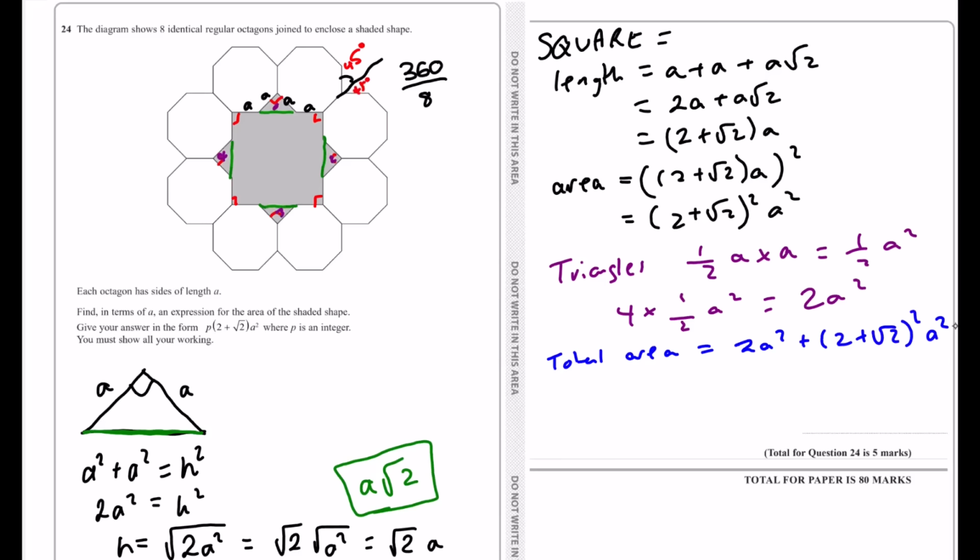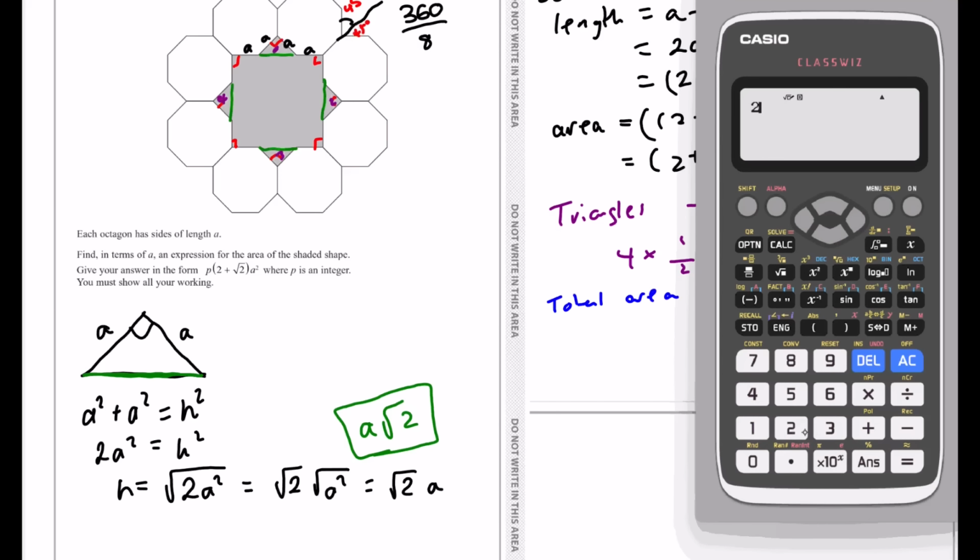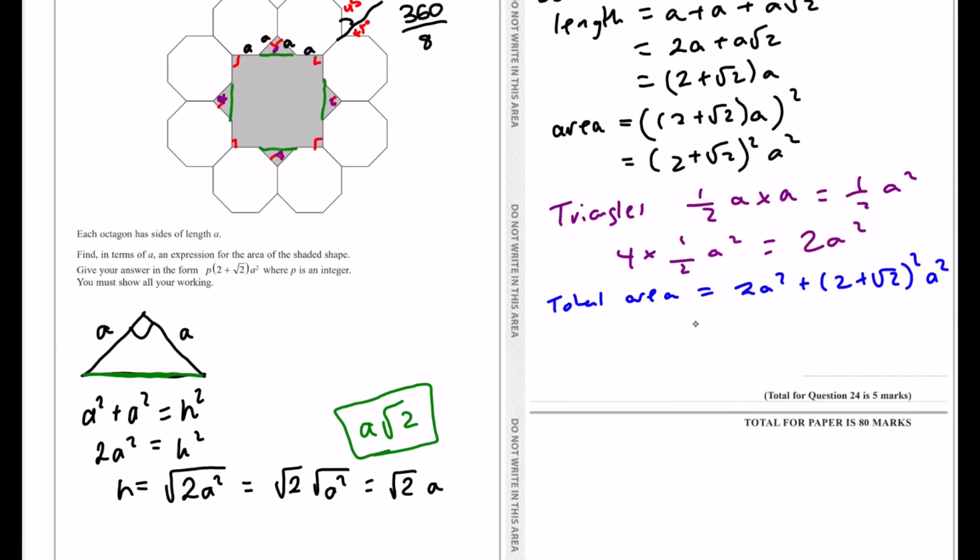Now it's not in the form we wanted it, not just yet. So we're going to have to square this, 2 plus root 2. We've got a calculator, so 2 plus square root 2 squared is 6 plus 4 root 2. So we've got 2a squared plus 6 plus 4 root 2 a squared. And I'll factorize out the a squared again.